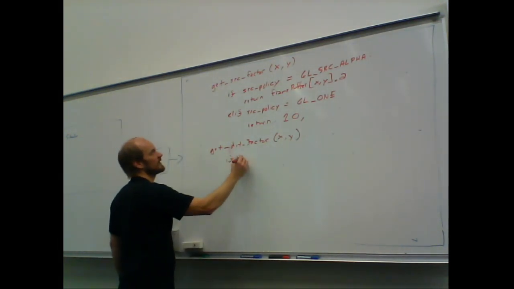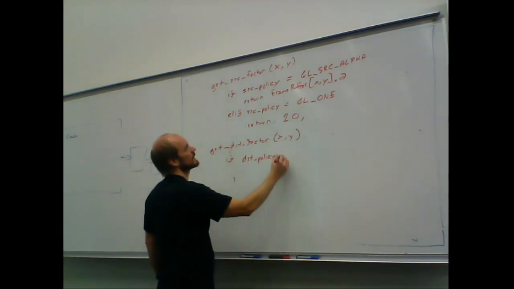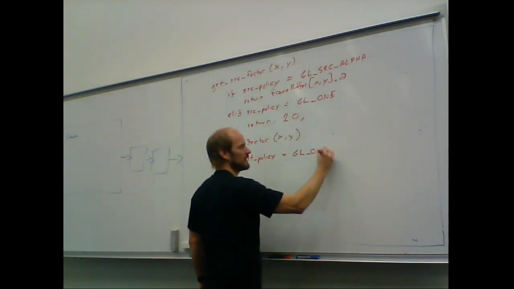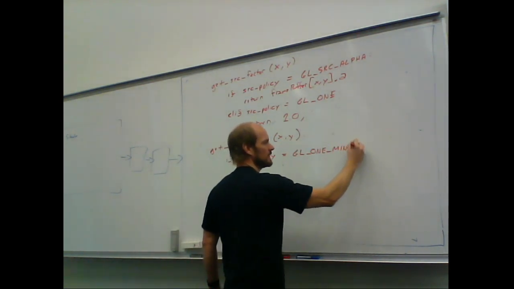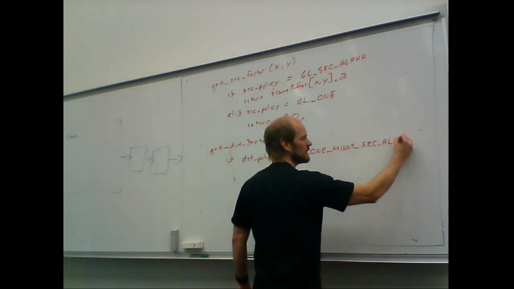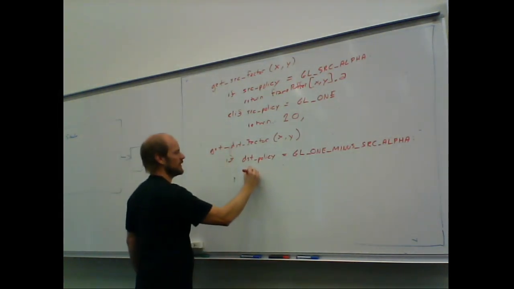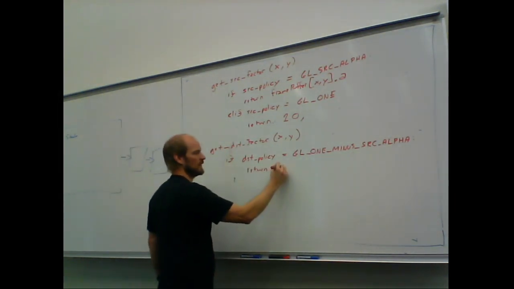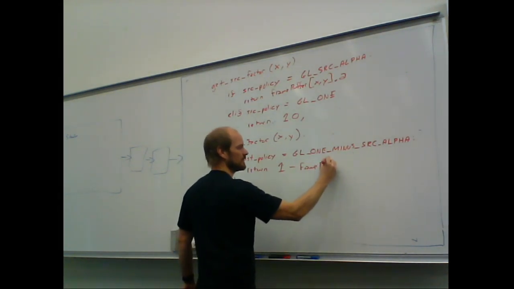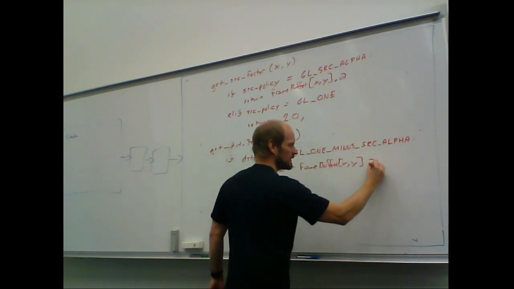So if the destination policy equals GL1 minus source alpha, then we return 1 minus whatever's in the frame buffer here at xy dot a.